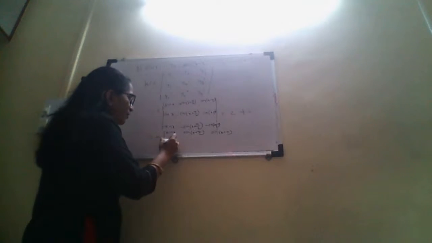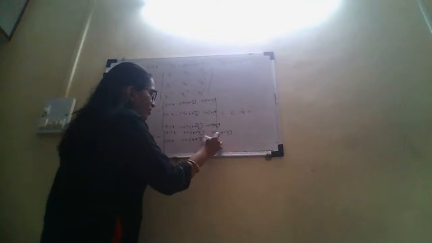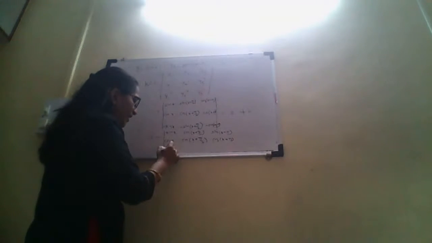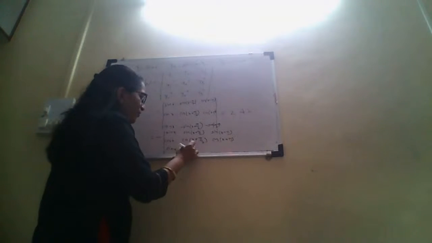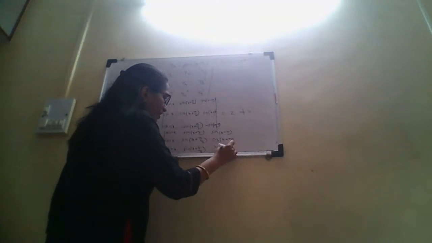On the next row cos x, cos of x plus pi by 2 and cos of x plus pi. And the last row sin x, sin of x plus pi by 2 and sin of x plus pi.